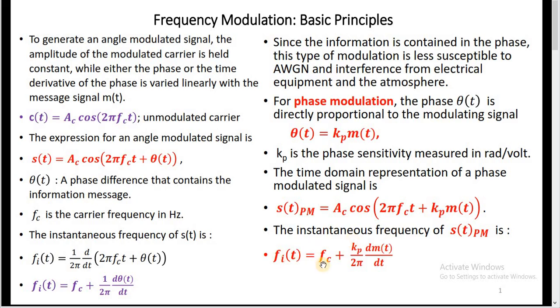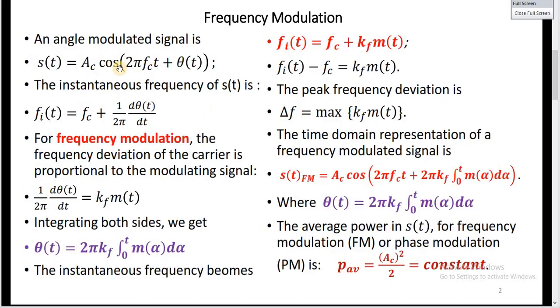And the third equation, which specifies the instantaneous frequency as fc plus Kp over 2 pi dm of t by dt.